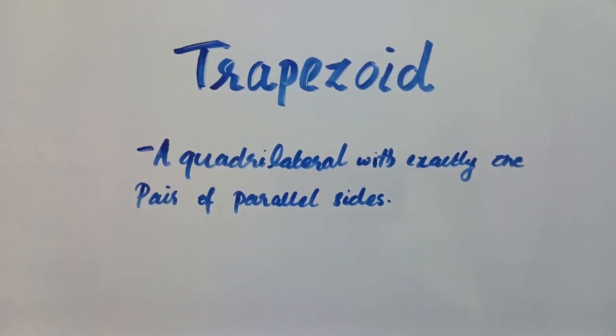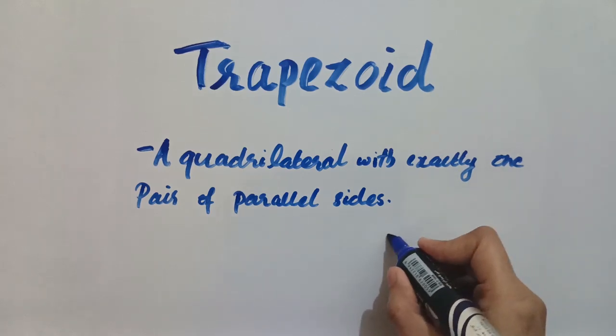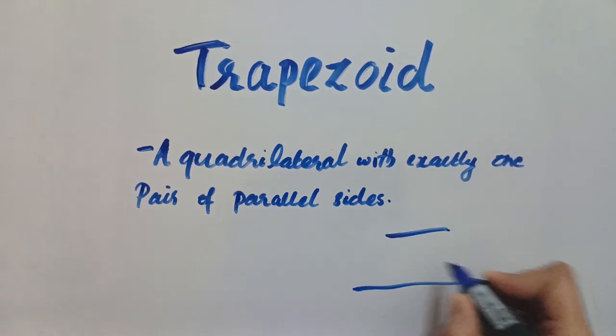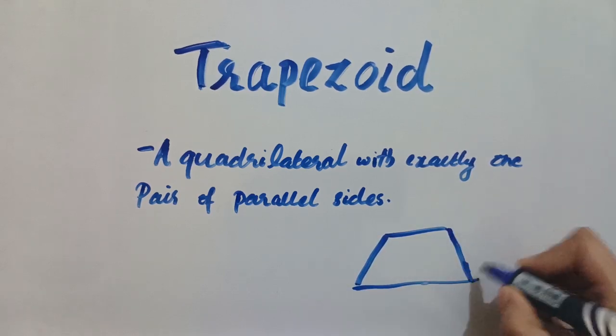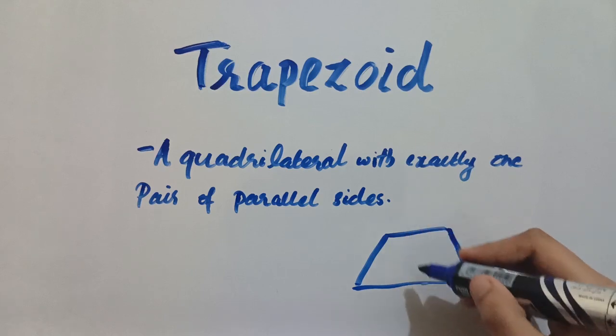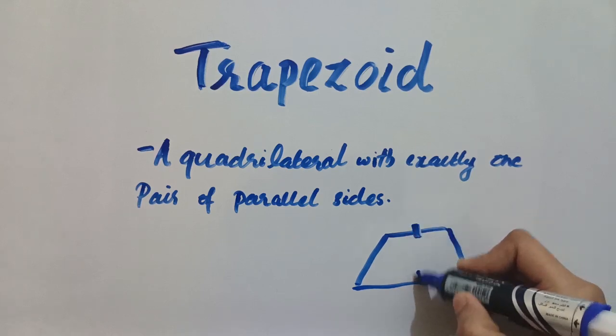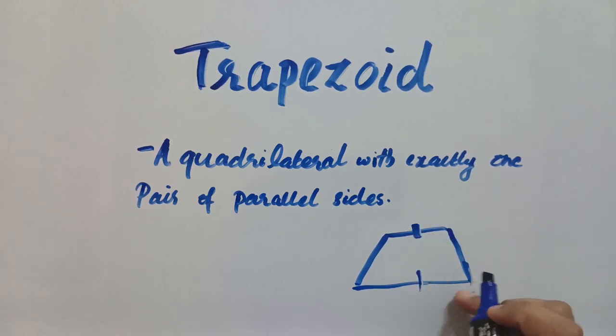Next we can look at what a trapezoid is. A trapezoid is a quadrilateral with exactly one pair of parallel sides. That is, we can look here. It is a trapezoid with one pair of parallel sides. These two are parallel, others are not parallel.